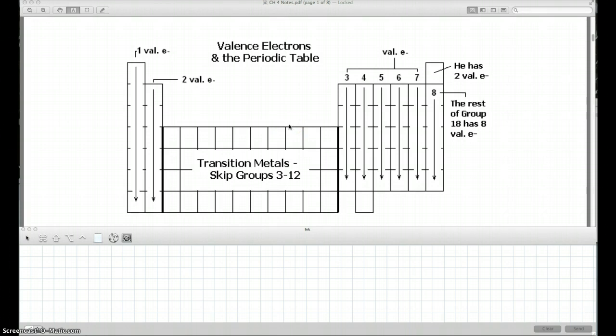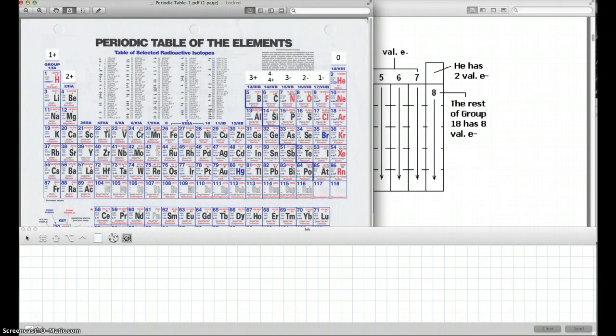And we can see that if I bring up the periodic table real quick.